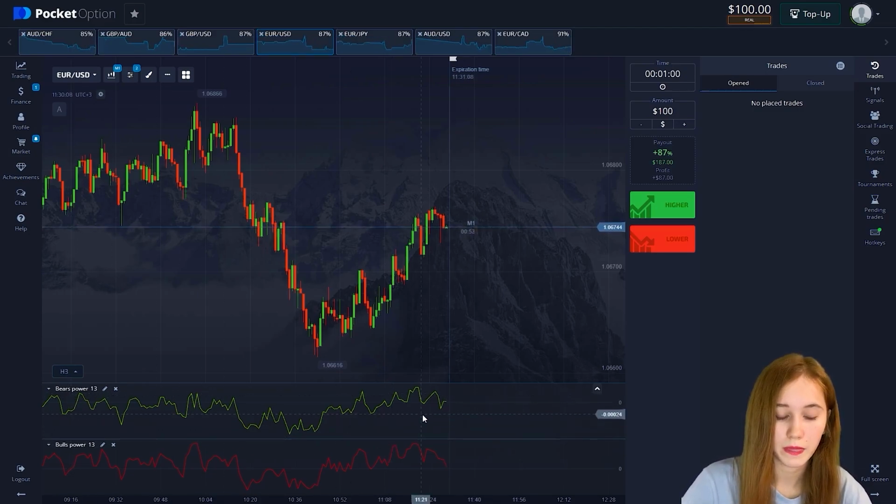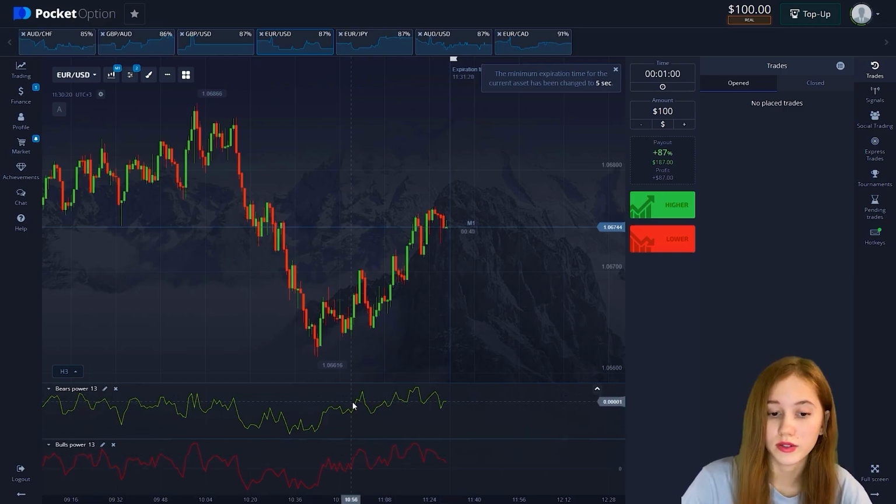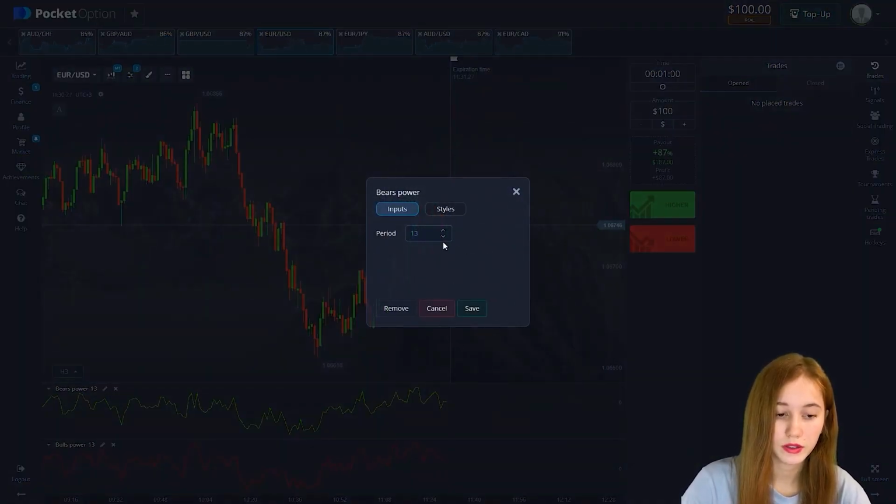So very simple to understand. The bulls power indicator analyzes the strength of the buyers, and bears power analyzes the strength of the sellers. So this is how the 2 indicators work. So 13 period, you can set up as you wish.